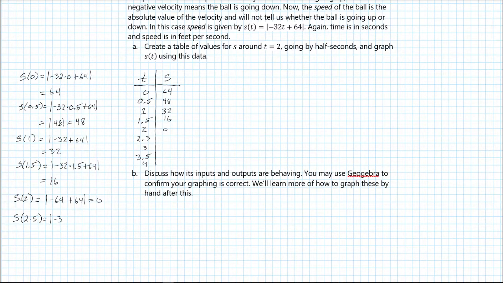Negative 32 times 2 is negative 64, and then we need another half of that. So it's going to be negative 16. Sorry, positive. It's going to be negative 16 plus 64.